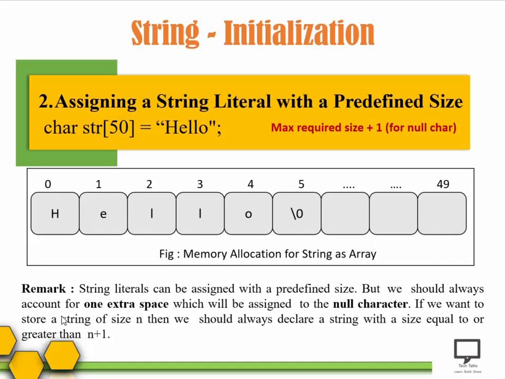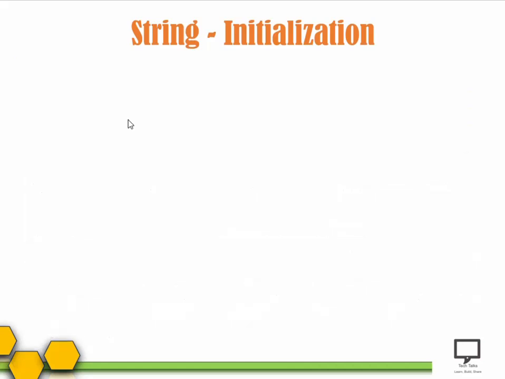We should always account for one extra space for the null character. If we want to store a string of size n, then we should always declare a string with a size equal to or greater than n plus 1. Either n plus 1 or more than n plus 1 is the size we have to use in this subscript while declaring and initializing the string with a predefined size.